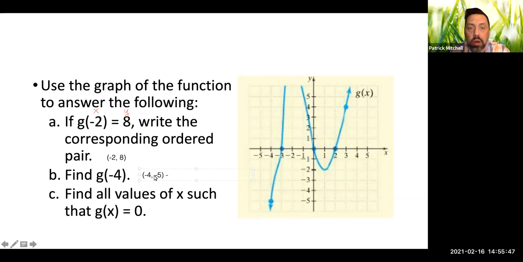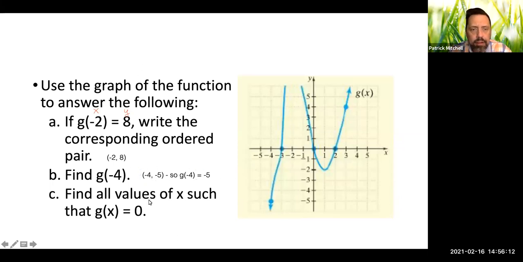Okay, so I just want to make sure you understand how to write this answer. The answer to this question is -5. I'm going to write it as a complete sentence, but if you're doing it in your online homework, probably what you would see would be g of -4 equals, and then they would put a box. You just have to put a -5 in the box.